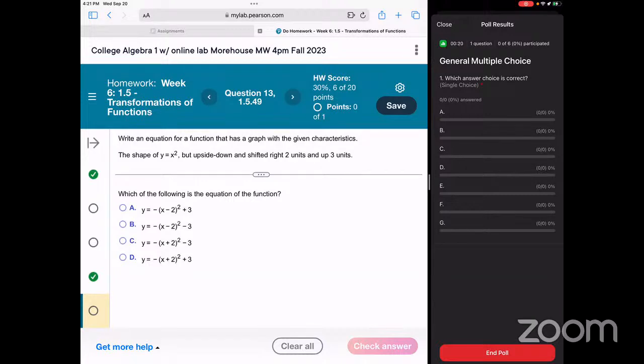If it's upside down, that means we're multiplying the outside by a negative. Shifted to the right 2 units. So right is the positive x, so we need to say minus 2 on the inside. If we have minus 2 on the inside, it has to be either A or B. And then it says right 2 units and up 3.